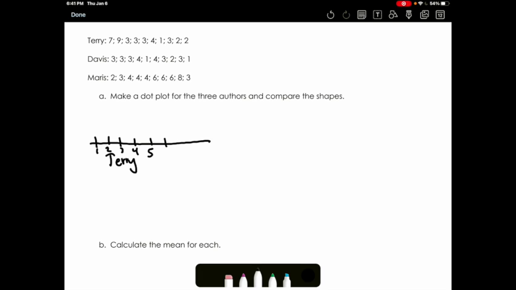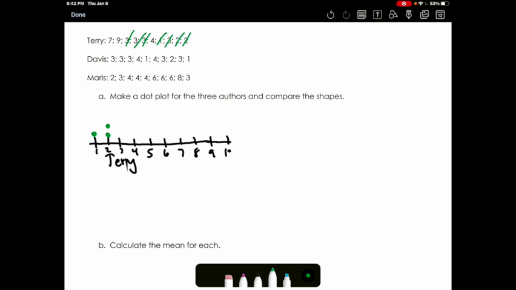I think these are all values that are under 10. Let's see, we have a 1 for Terry, just 1, so I'm going to make a dot over 1. Terry has in her data set 2 2s. One thing about a dot plot is when you make your dots, you want to make sure that they're equally spaced so that the graph isn't misleading and give you an inaccurate shape.